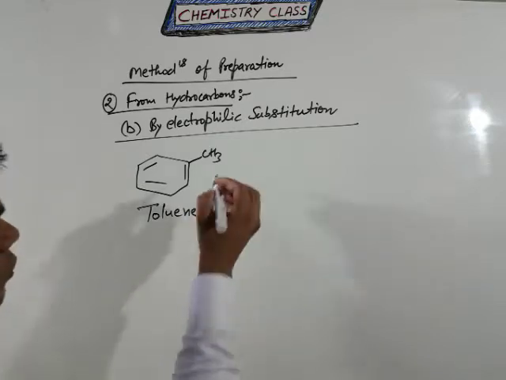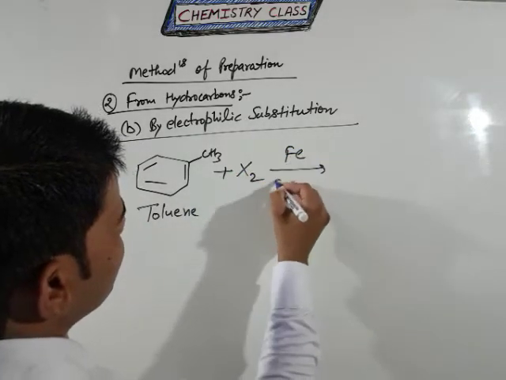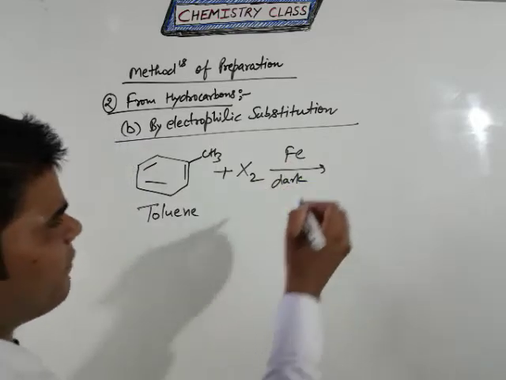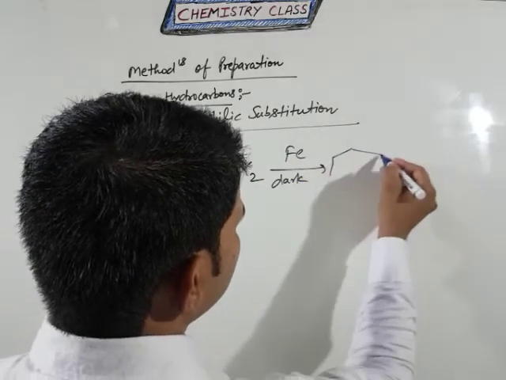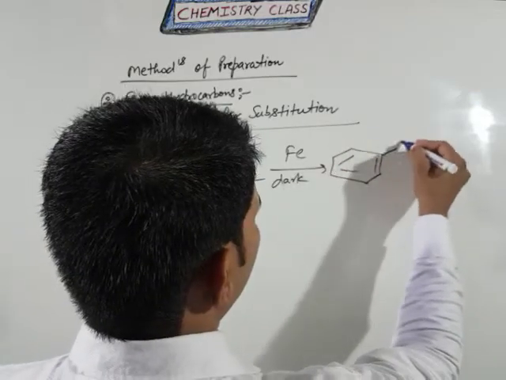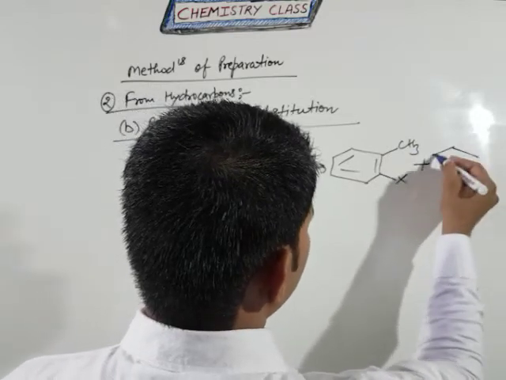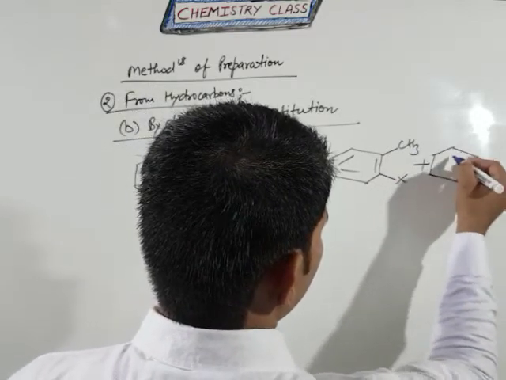Whenever toluene reacts with a halogen under Fe dark condition, it will give two types of product. One is ortho and the second one is para.